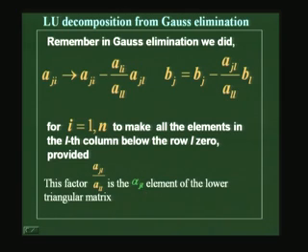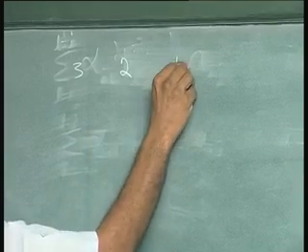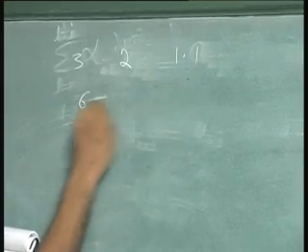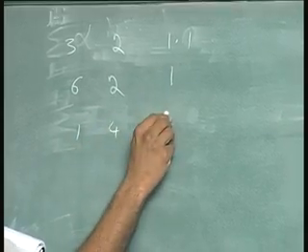Okay, we will try to solve an equation of this form, which we saw yesterday as an example. That is 1, 1.1 and 6, 2, 1, 1, 4, 2.